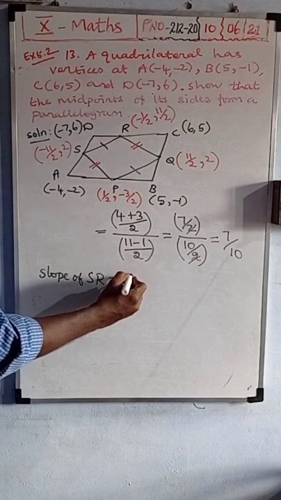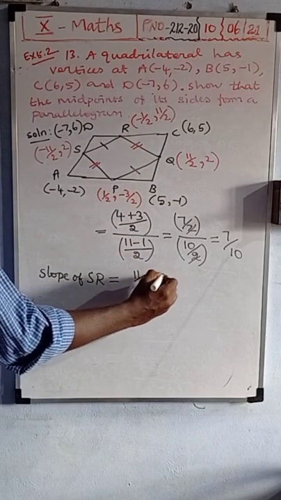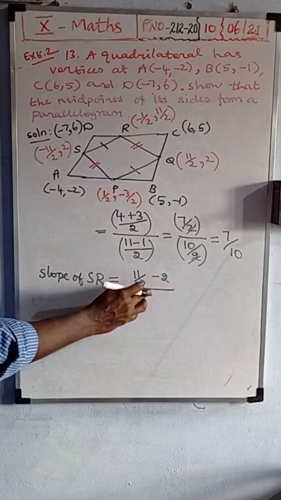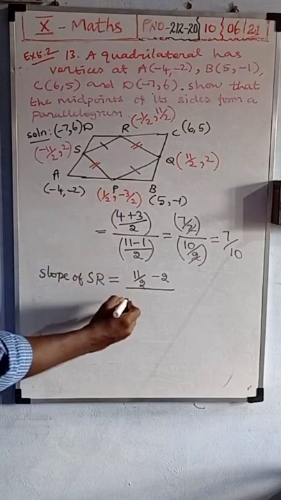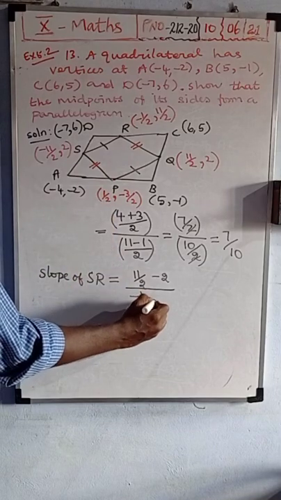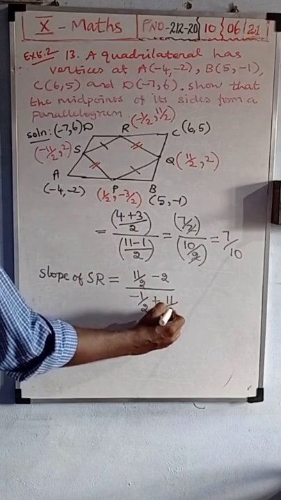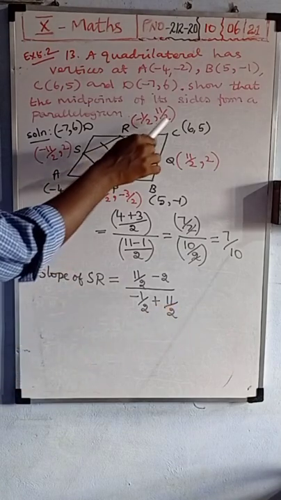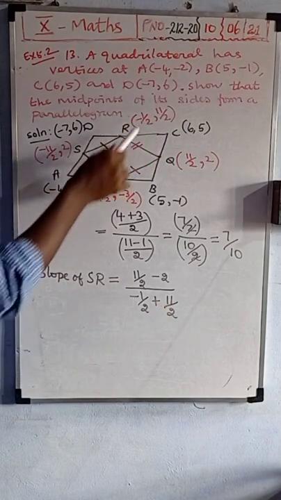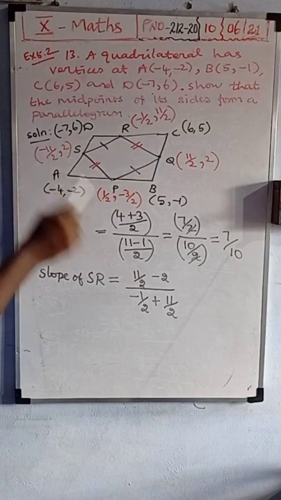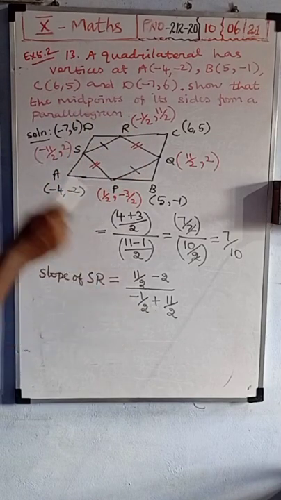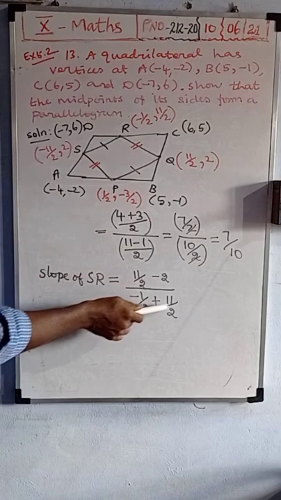Then y2 minus y1 is 11 by 2 minus 2, divided by x2 minus x1, which is minus 1 by 2 minus the minus, so minus into minus is plus 11 by 2.